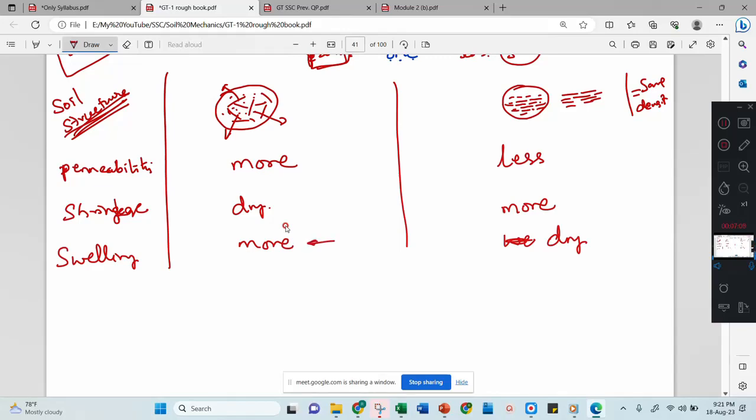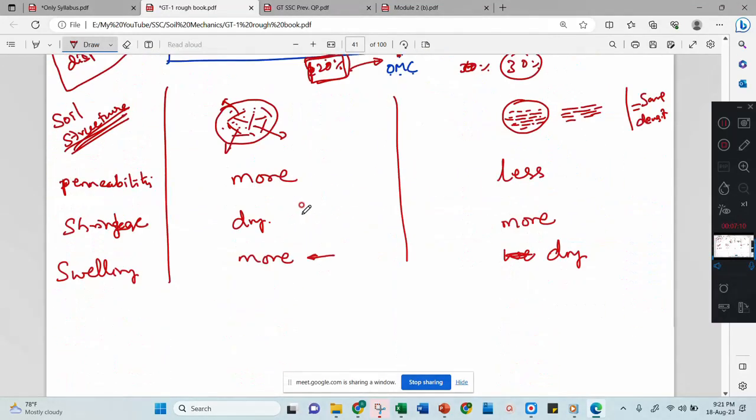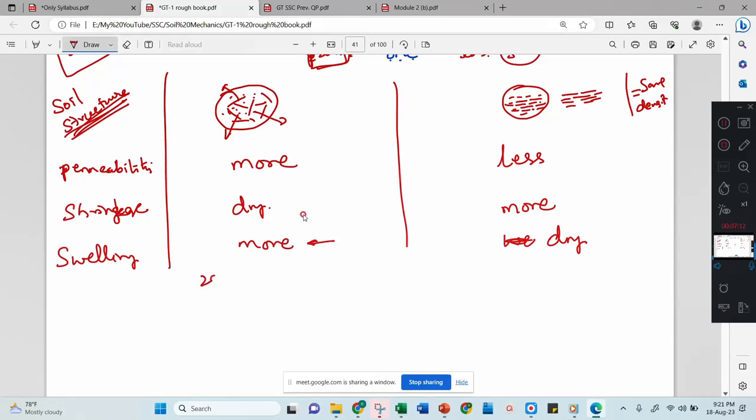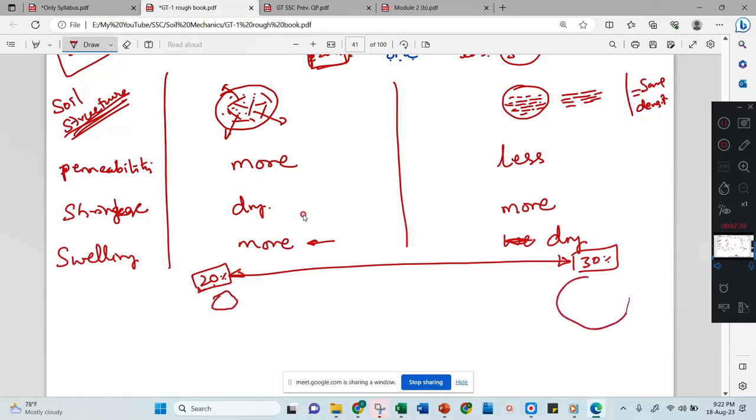For a particular water content, think about this 20% water content. At 20% water content, the soil will swell more. But at 30% water content, the soil will swell less. Then don't compare like 20 and 30. Don't say, sir, 20% means this much swelled, and 30% means obviously it will swell more.